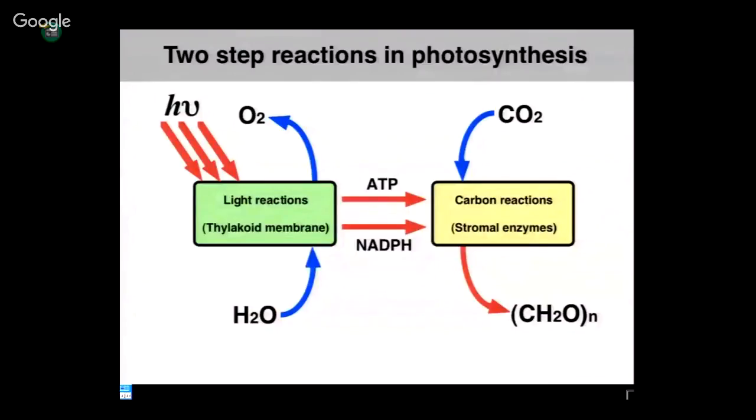But before the industrial revolution, CO2 concentration was almost 250 ppm. Right now, over 400. It's almost doubling.